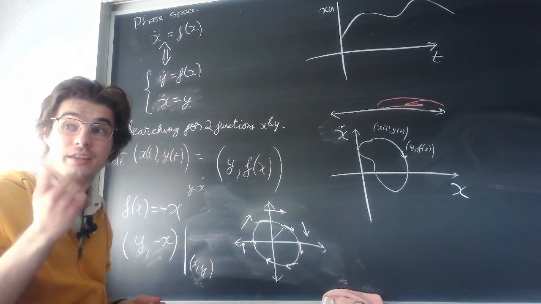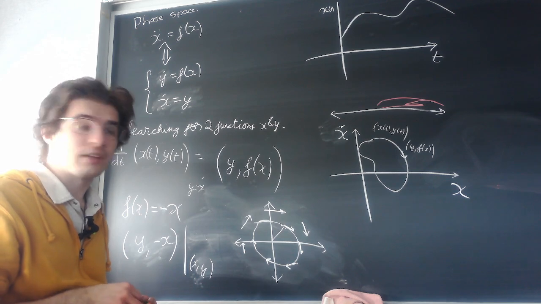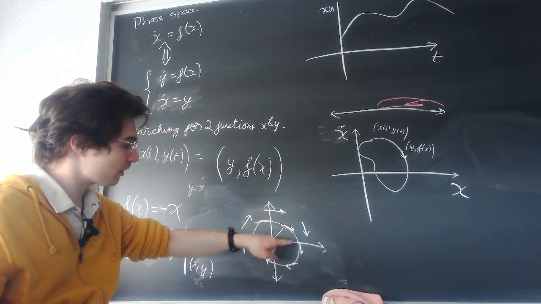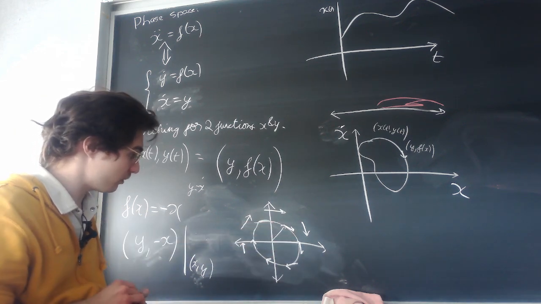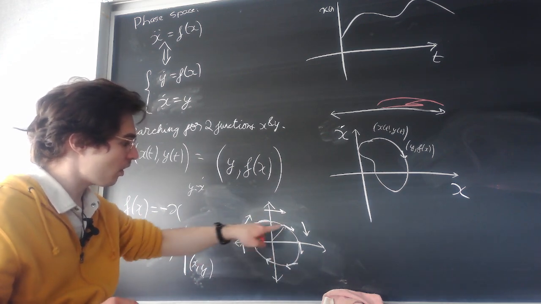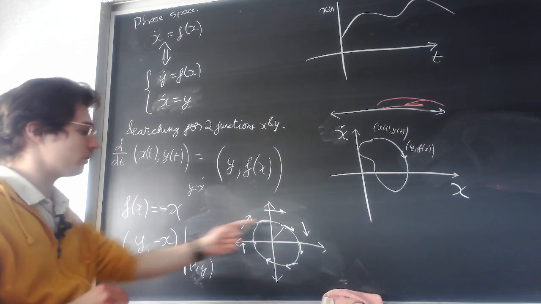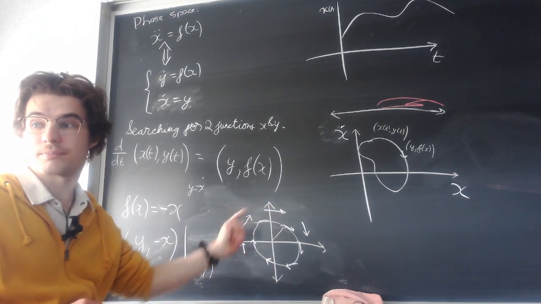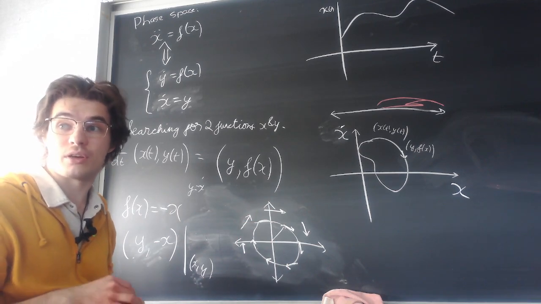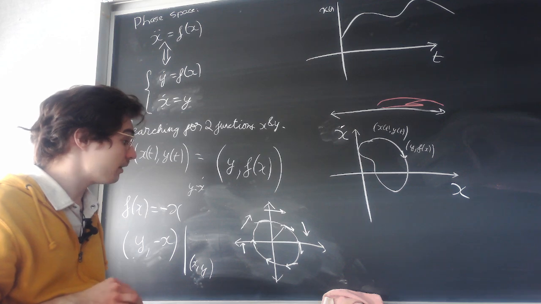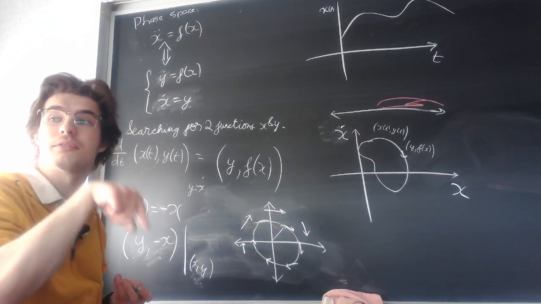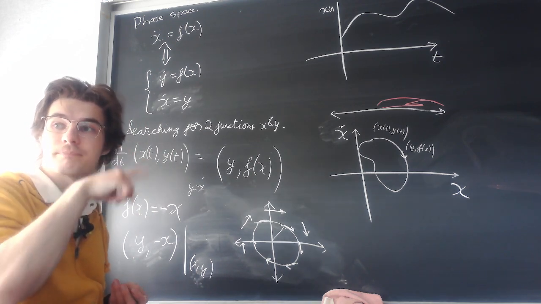The other thing that you can guess is that since all of these arrows have the same magnitude at every point on my circle, I should be moving along the circle at a constant speed. Do you agree?